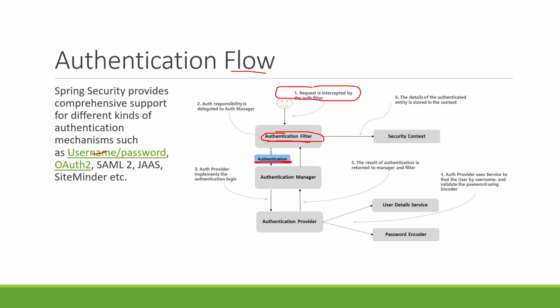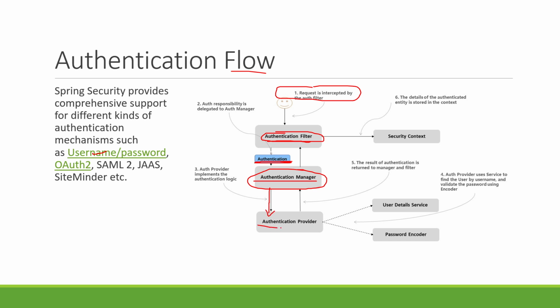And it's going to delegate it to the authentication manager. The authentication manager has a method called authenticate, and it will take the authentication as a parameter. And this authenticate itself also doesn't do the job. It will delegate the request to the authentication provider.